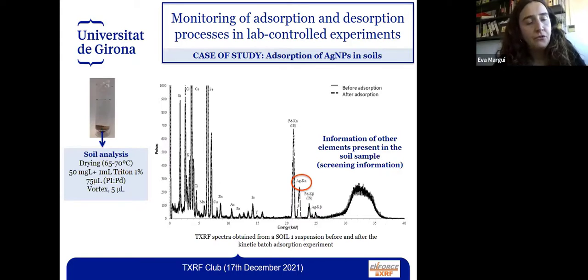Then, from the soil resulting from the absorption process, we dry it, and then we prepare a suspension. As you can see in the spectra, the silver is adsorbed on the soil in comparison with the soil before the absorption process.